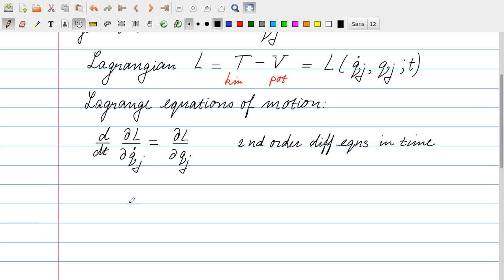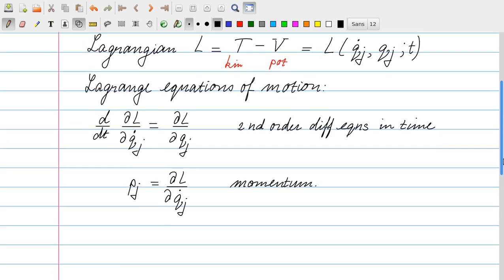And we do that by introducing a new coordinate, and that's pj, and pj is just the object we take the time derivative of, so it's ∂L/∂q̇j, and we call this the momentum. Sometimes people call it the conjugate momentum. It's the momentum which is conjugated to this generalized variable qj.